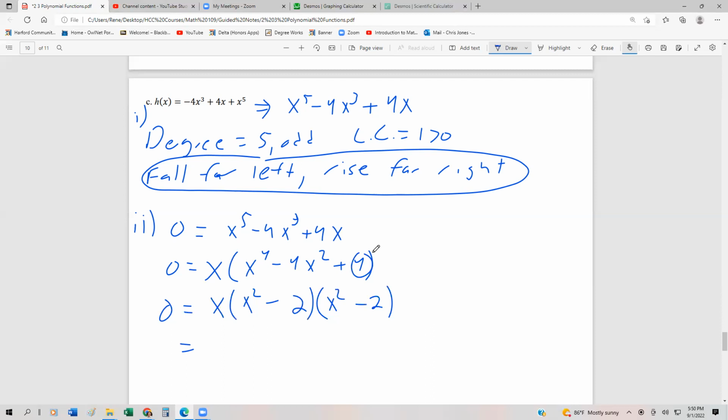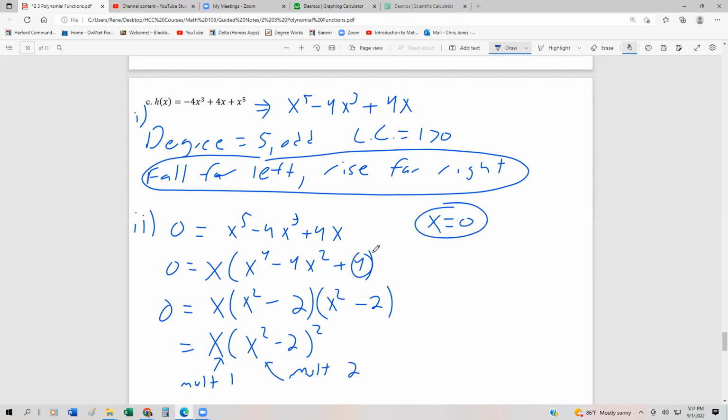Now, what we could do is we could rewrite this, and that would be x times x squared minus 2, squared. All right, so that's going to be the polynomial factorization. Notice that this has multiplicity of 1. This has multiplicity 2. All right, so we keep that in mind. And so one solution is, we said, when x is equal to 0, okay, so that's easy enough.